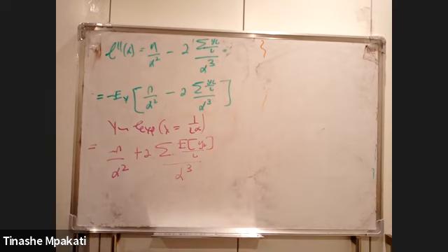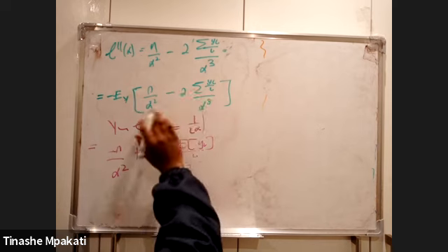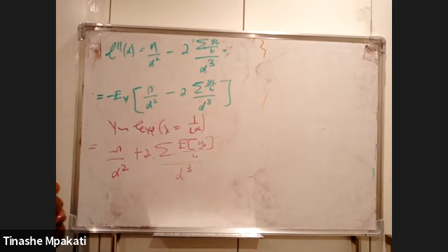Okay, so no problem. The reason why I took this example is because it's important to always remember that this here will not always be just what's in the bracket. In most cases, it does seem like it. Why? Because you have constants.